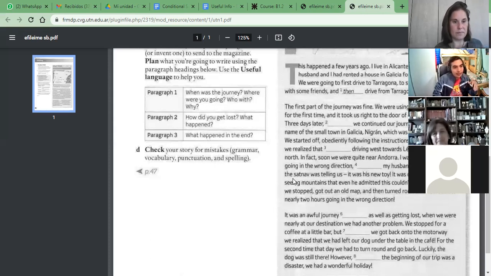We ordered some hamburgers, and I watched how my hamburger was made.